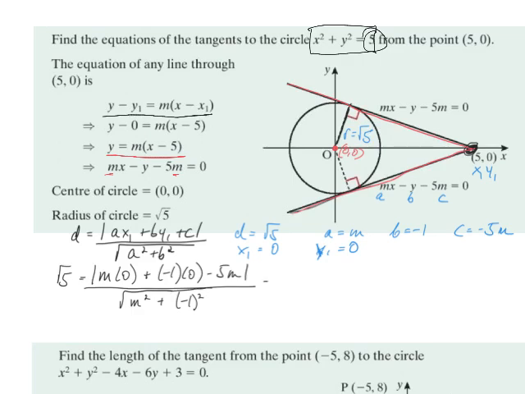Okay, so we simplify this, so we have root 5 equals the absolute value of m times 0, 0 minus 1 times 0, so minus 5m, over the root of m squared plus minus 1 squared.